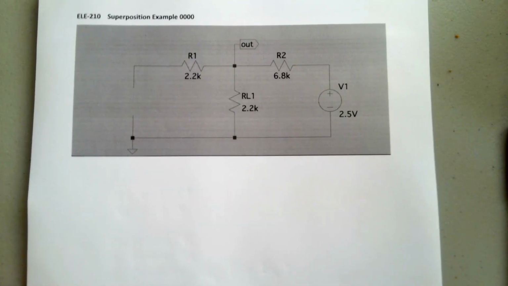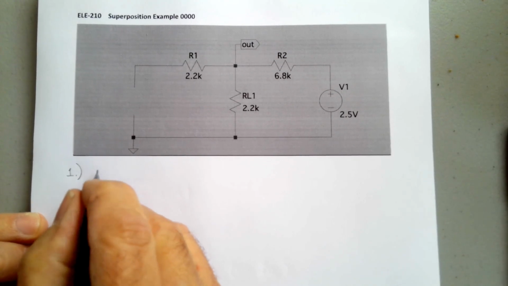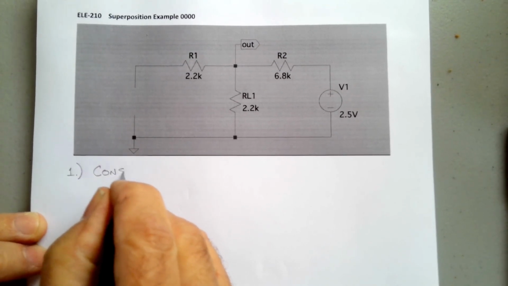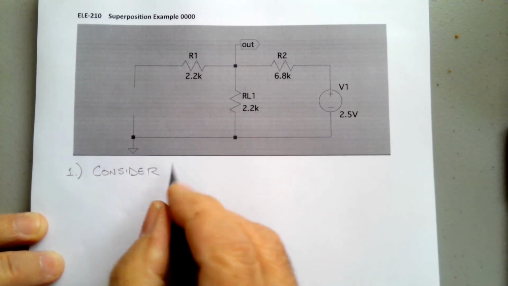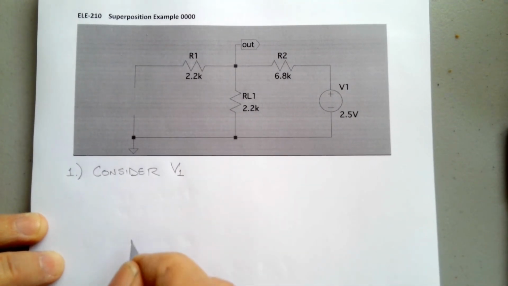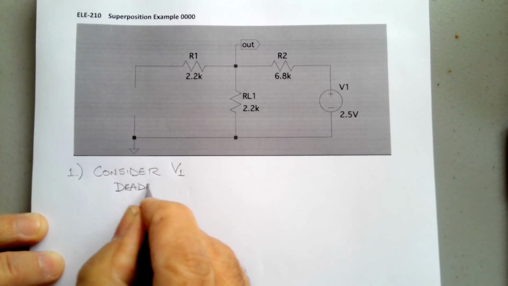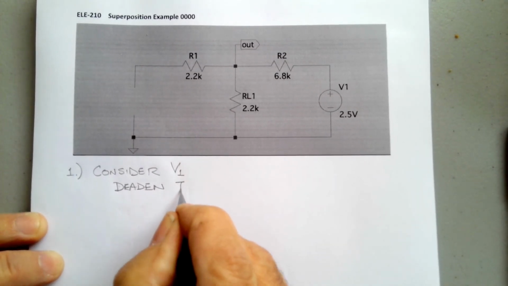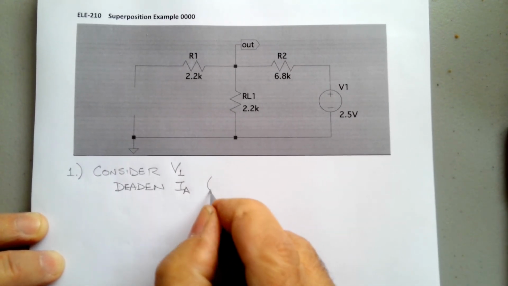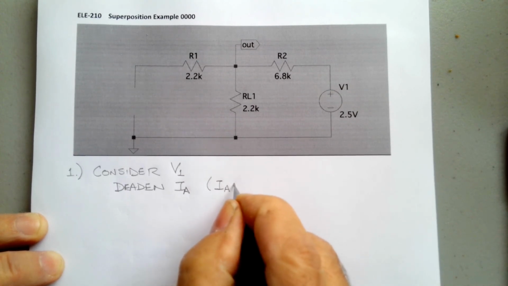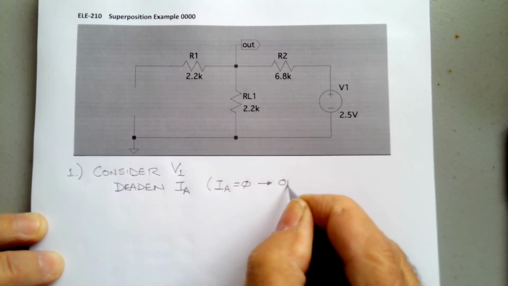So here, this is step 1. We are going to consider V1, and so we deaden IA, which means IA equals 0, and that implies an open.